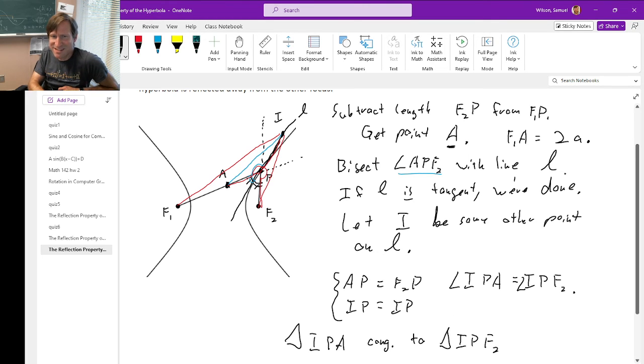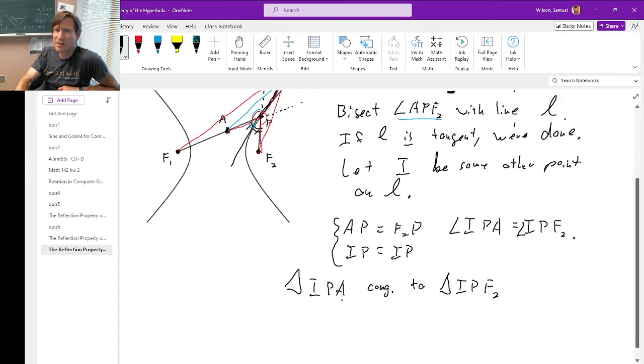And this is because this is a side-angle-side situation, right? If you have two triangles with an equal side, angle, and other side, with the angle in between the two sides, those are the same triangle, right? So in this case, they happen to be mirror images of each other. So these two triangles are congruent to each other, but in particular, that means that all their corresponding sides have the same length.